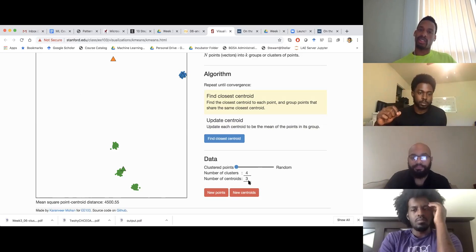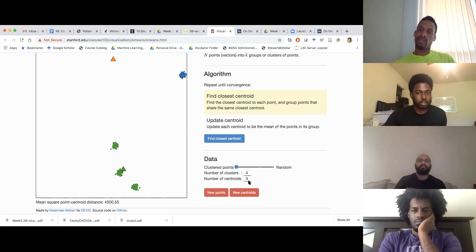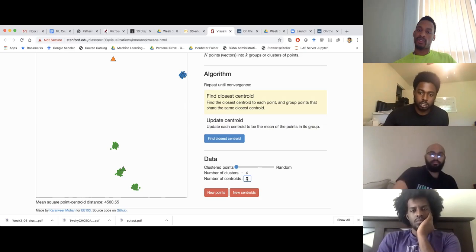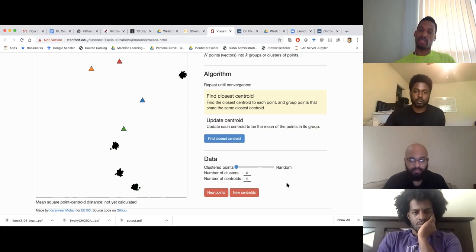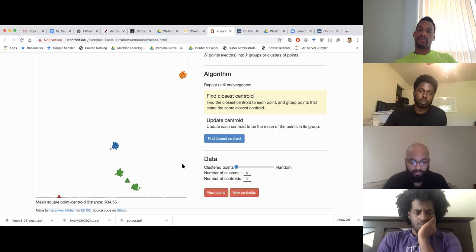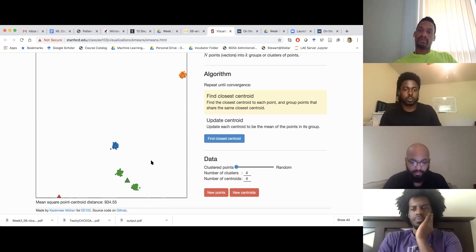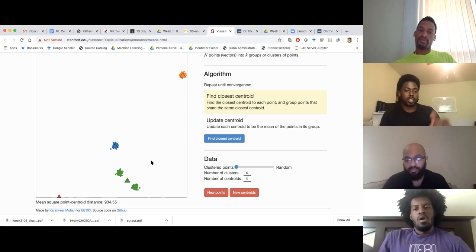So are you saying that if you had, what is it, 4 centroids as well, you might get some results like this too? Or will it? Let's find out. So we have 4 centroids, 4 clusters, but we've only assigned 3 centroids to a cluster. One's been left out.